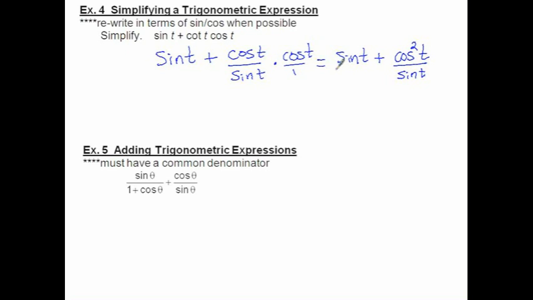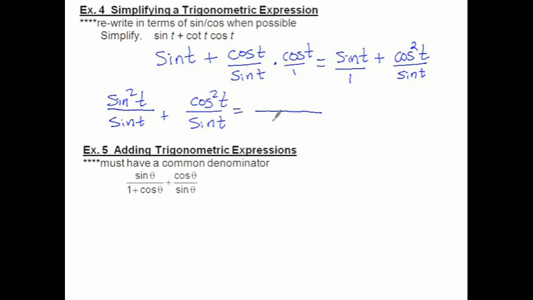Now in order to add fractions, of course, we have to have a common denominator. So between 1 and sine, our common denominator is going to be sine of t. So the second fraction doesn't get changed at all. 1 times sine is sine, so sine times sine would be sine squared.